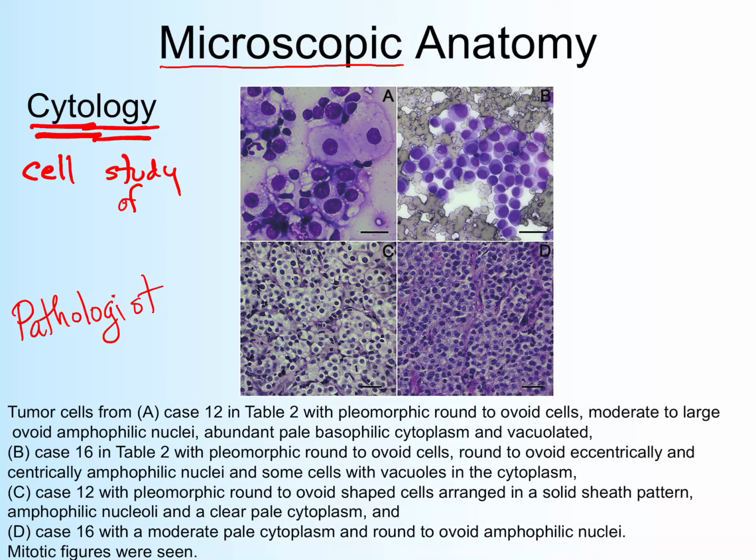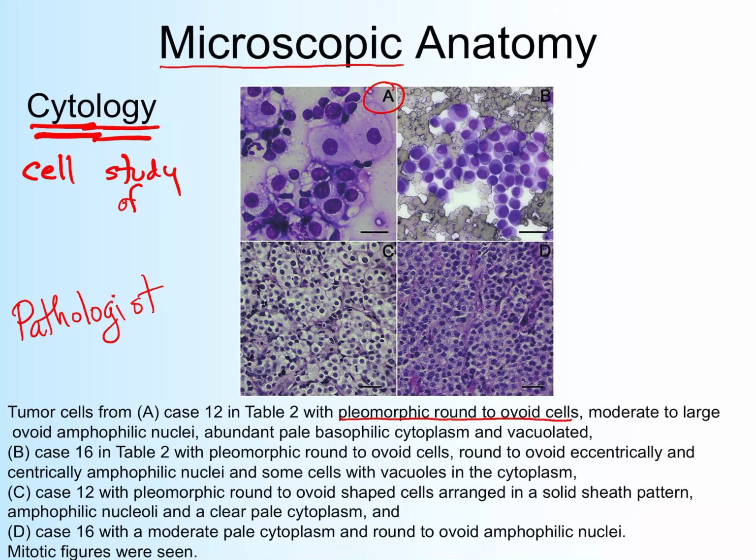So you can actually see the differences in normal cells and tumor cells, for example. So that's what this example is looking at. So you have some tumor cells in picture A, and they use these terms to be very, very specific and detail-oriented, right? Pleomorphic round to ovoid cells.